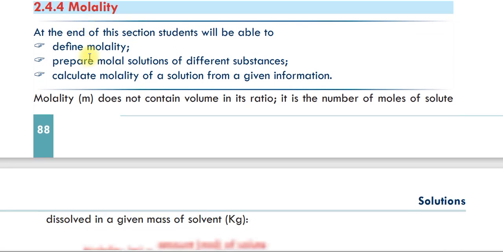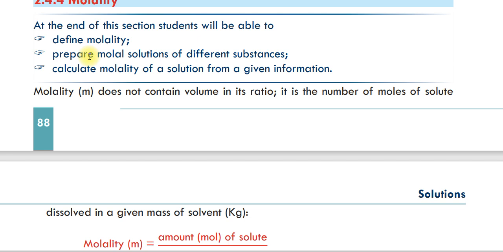Molality is another way of expressing the concentration of a solution. Molality is represented by small m. It does not contain a volume in its ratio. It is the number of mole of a solute dissolved in a given mass of solvent in kg.